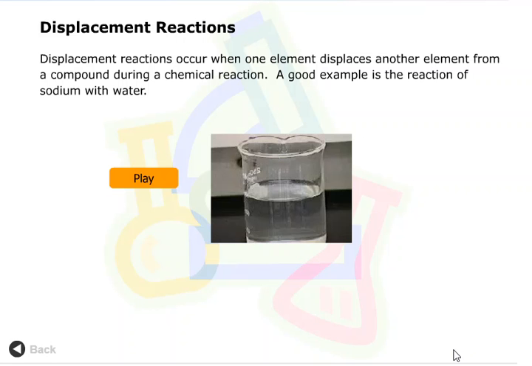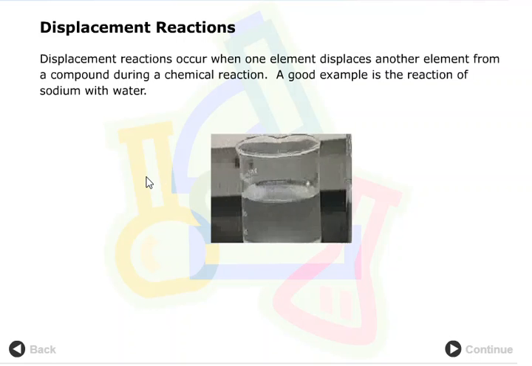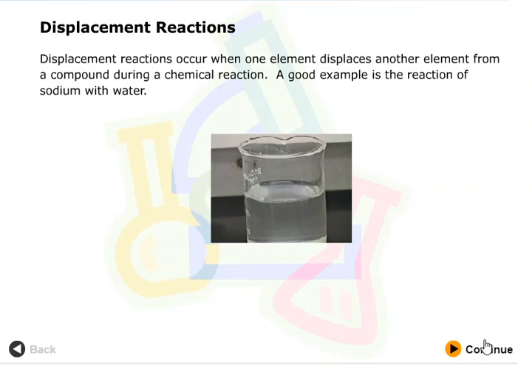So, what are displacement reactions? A displacement reaction occurs when one element displaces another element from a compound during a chemical reaction. A good example is the reaction of sodium and water. When sodium is dissolved in water, the resultant product is sodium hydroxide.